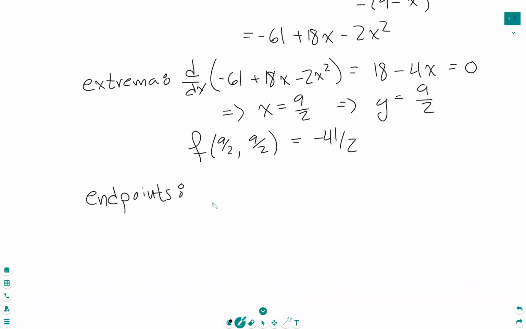Just for sanity's sake, we're going to do it again. So 0 and 9, which we got was negative 61. And we also had the endpoint 9, 0, which was negative 61 again. So that concludes our step 2. We've tested the extrema and the endpoints on every single one of these boundary elements.